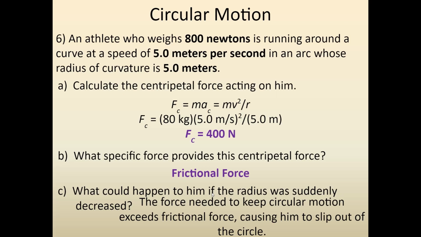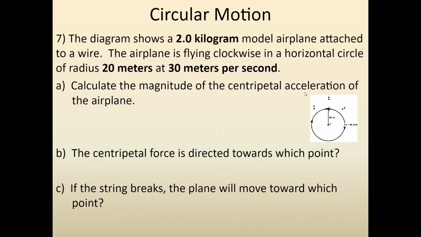That static force has a maximum, and if we go beyond it, the object will slip and stop being in the circle. This is why it's so dangerous to make very sharp turns at very fast speeds on wet or icy roads, because those have much lower frictional forces and therefore cannot handle turns as sharp as you normally would.